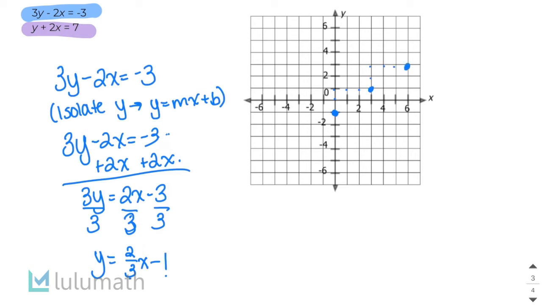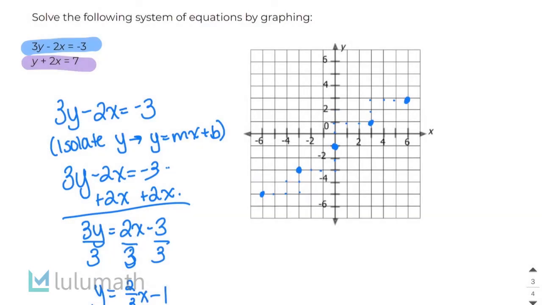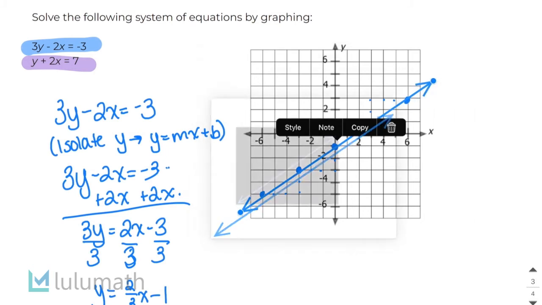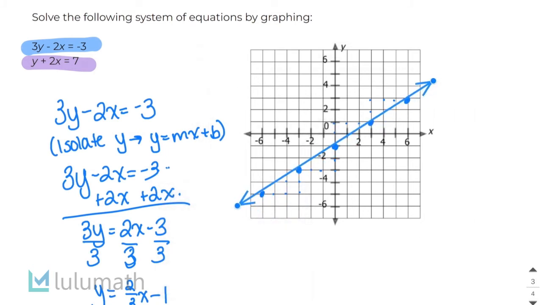Now, if I run out of room and I want to have more points, I can go down 2 and to the left 3, down 2, and to the left 3. Now I can just connect my dots right here. So I can see my first blue line right here. I'll just adjust this a tiny bit so that I can have it go through all the points perfectly. So that is my blue line.